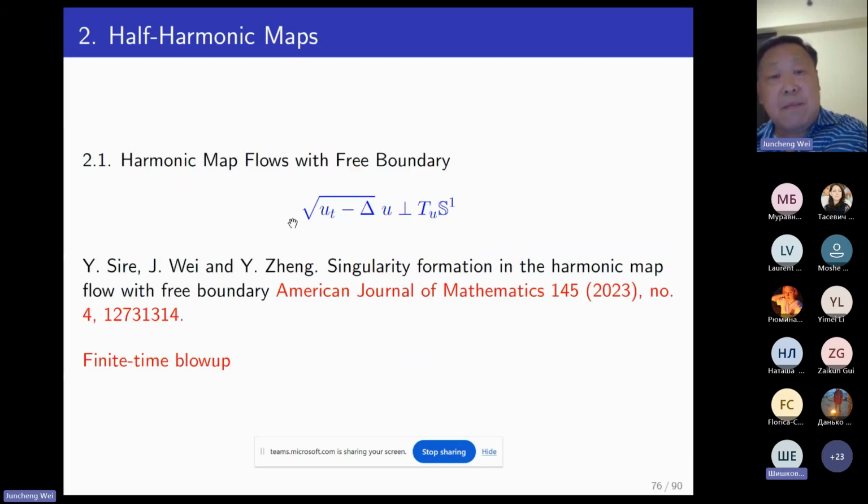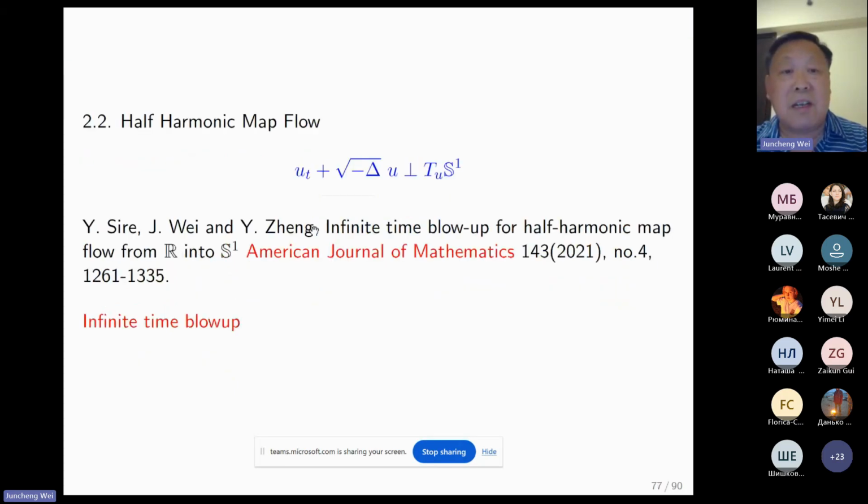This is a harmonic map with free boundary, which is a non-local half harmonic map. In this case, you also have a finite time blowup. But if you do the half harmonic map, u_t plus square root of minus Laplacian u, you don't have finite time blowup, you have infinite time blowup. But our theory also works for infinite time blowup.